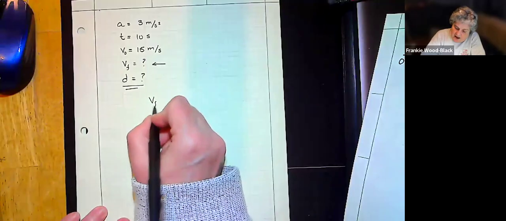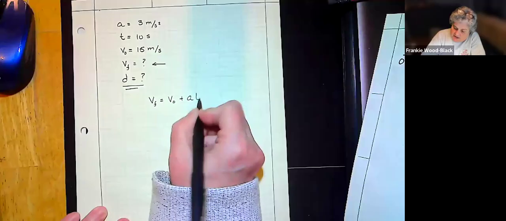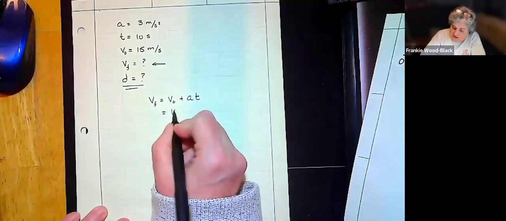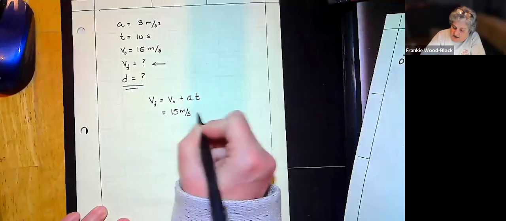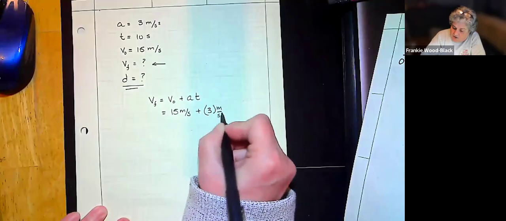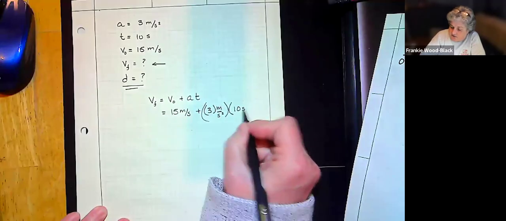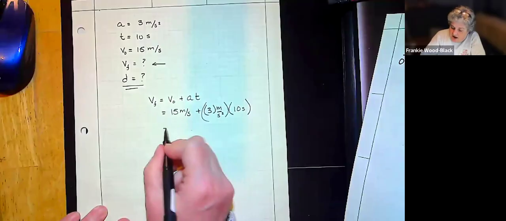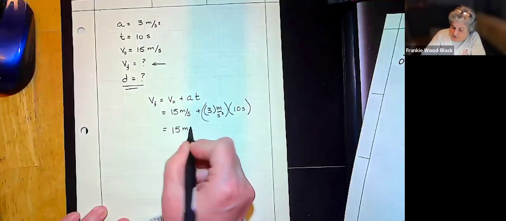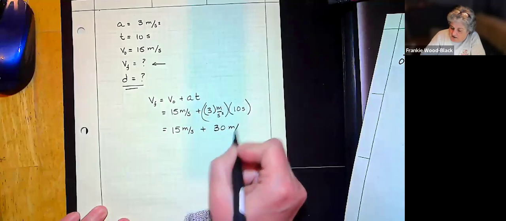So we know that V final is equal to V initial plus my acceleration times time. So this is 15 meters per second. My acceleration was 3 meters per second squared, and we did that for 10 seconds. So now we're going to get 15 meters per second plus 30 meters per second.